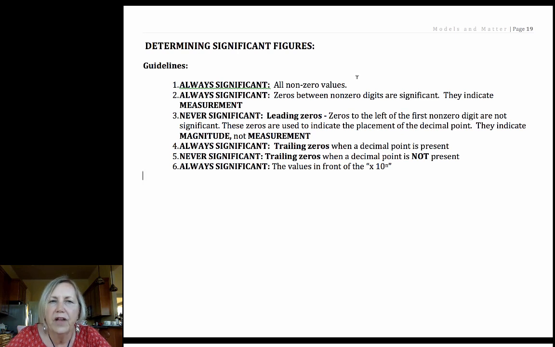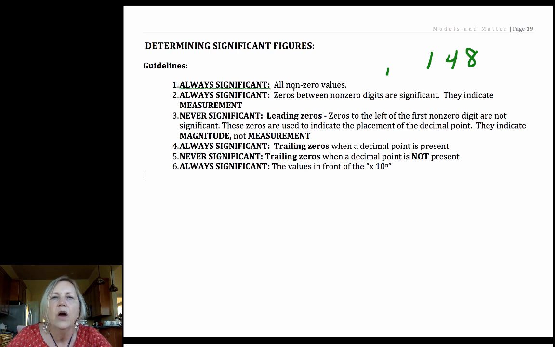If it is a non-zero value, it's always significant. Non-zero values are never about magnitude. The number one is not going to be about magnitude. So if you have a number with any non-zero values, 148 has 3 significant figures.